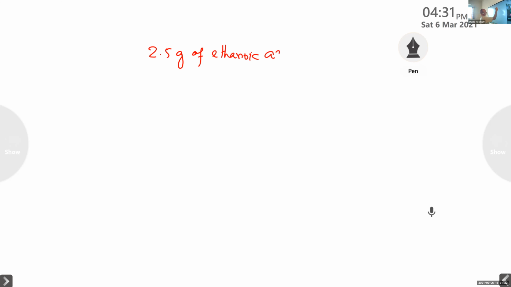Ethanoic acid is acetic acid, whose molecular formula is CH3COOH. That is ethanoic acid, or acetic acid, or vinegar, in 75 gram of benzene.